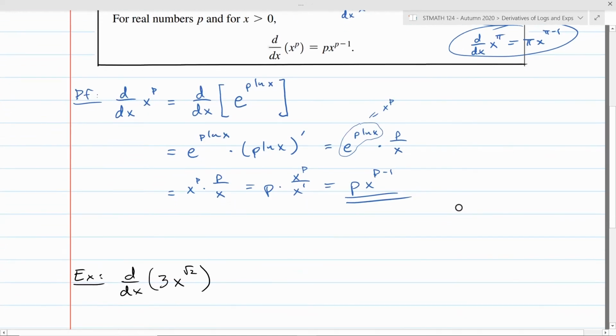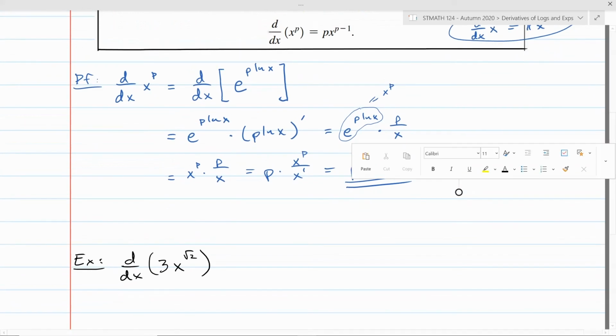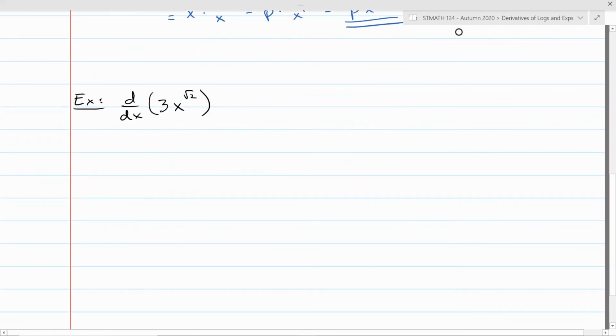So now we feel good about differentiating something like in this next example. Okay, the exponent is a constant, a weird constant, square root of 2, but that works. That's your p, right? And so the power rule says bring the exponent down and then reduce the exponent by 1.